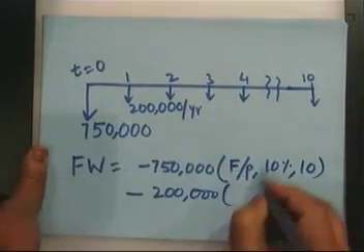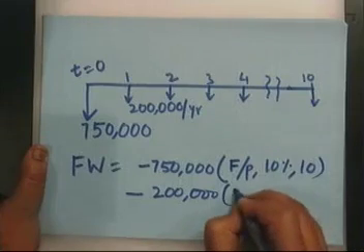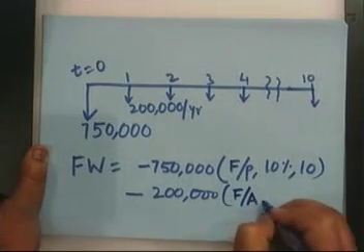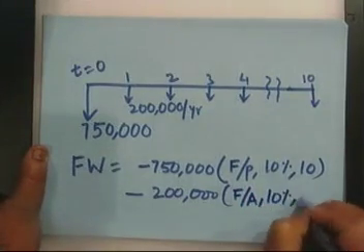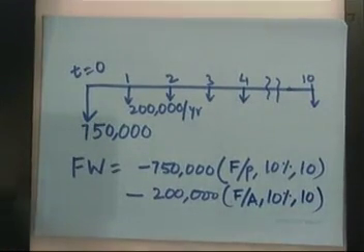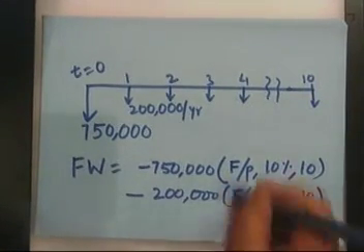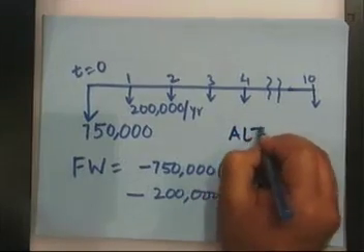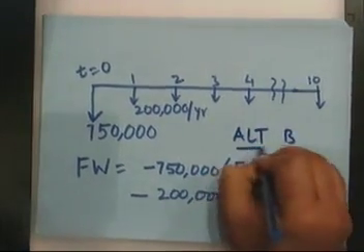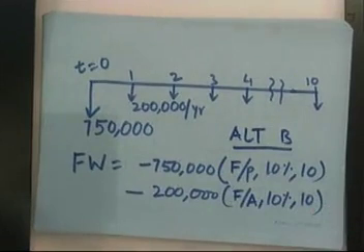You are given A, you want F. So, F given A 10%, 10. Now, whichever future worth out of alternative A and alternative B is more, that option will be selected.